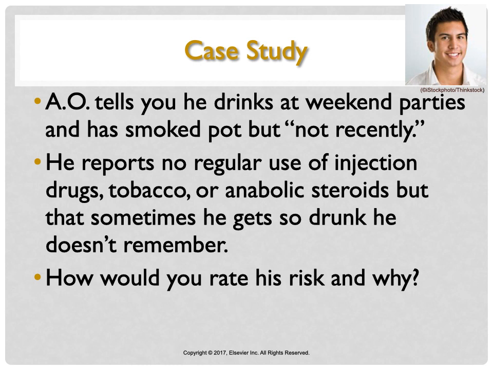So AO tells you that he drinks at weekend parties and he smokes pot, but not recently. He reports no regular use of injection drugs, tobacco, or anabolic steroids, but that sometimes he gets so drunk he doesn't remember. So how would you rate his risk and why?